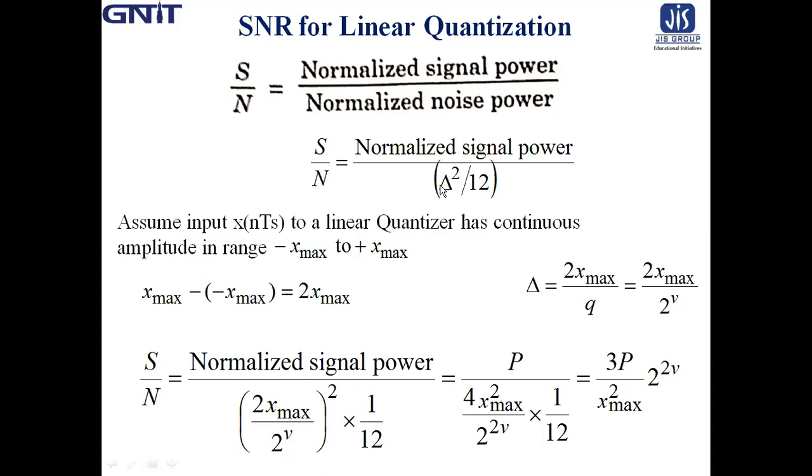Just put in the value of del square from here, and if we assume that P is the normalized signal power, then SNR will be P by 4Xmax square by 2 to the power 2V, simplified with 1 by 12, which is 3P times 2 to the power 2V by Xmax square.